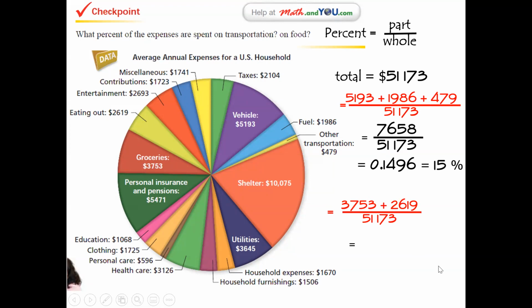It comes out to 6,372 divided by the total, and that's 0.1245. Move the decimal places over 2 spaces, and we don't change it because this 4 is not bigger than 5. So guess what? We spend 12% on food.